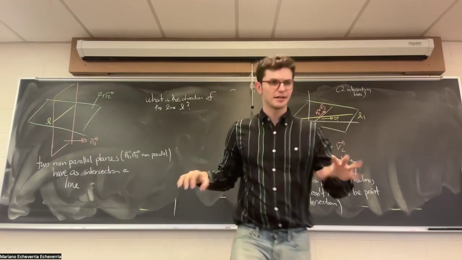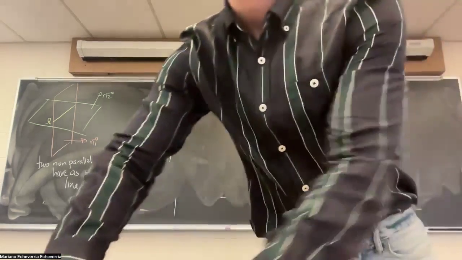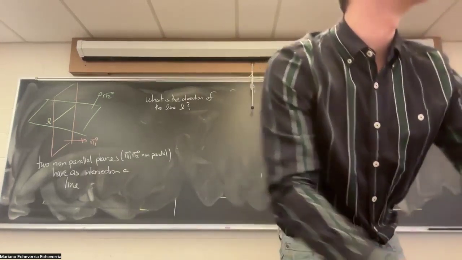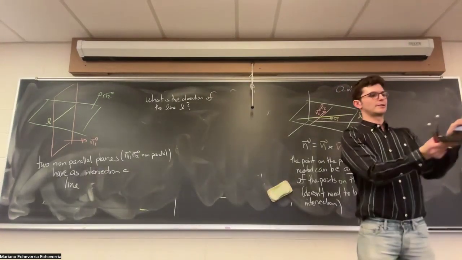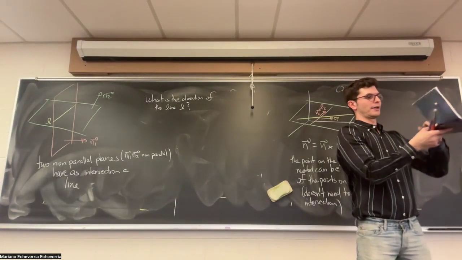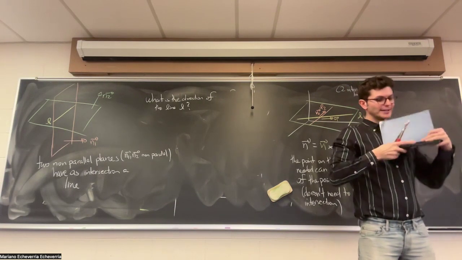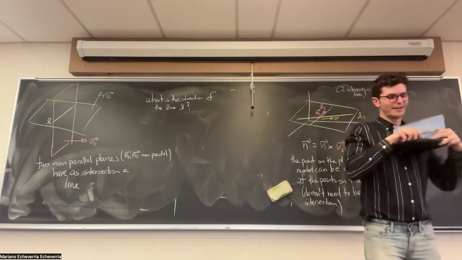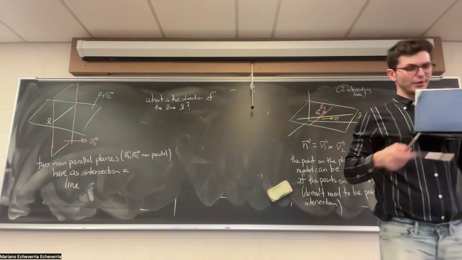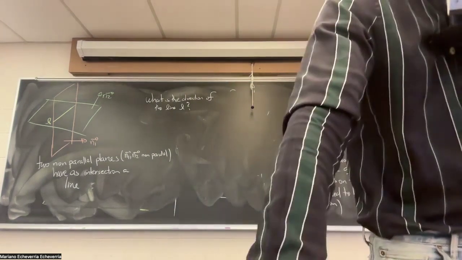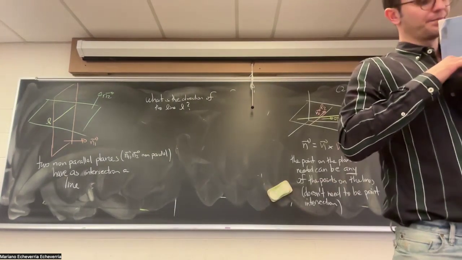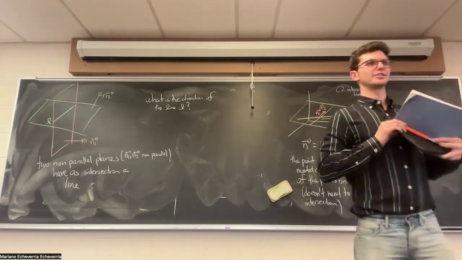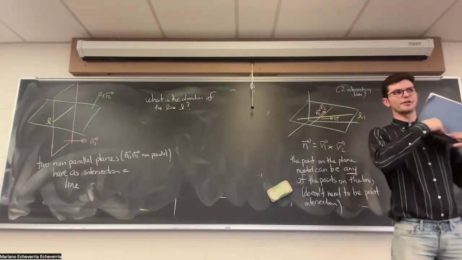Again, it's convenient to think of the picture concretely. If I had more hands, this would be useful. So I'm intersecting the two planes, right? Let's say the line is shown here with the orange pointer.